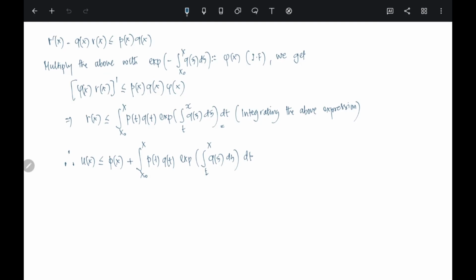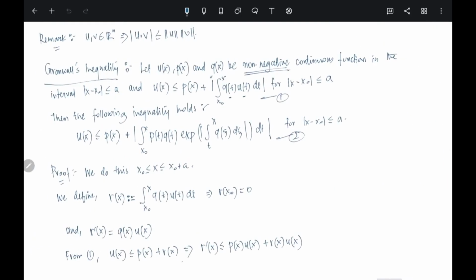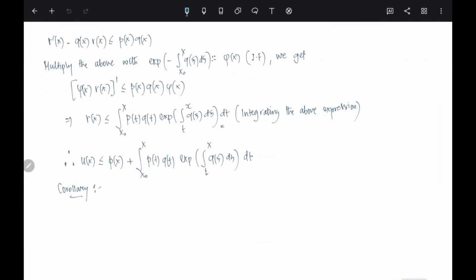Now once that is true, what we can also do is essentially put a little corollary here. If you put p to be 0, so if p of x is identically equal to 0, then what does it mean? It means u of x is always less than or equal to 0 plus the integral from x naught to x of 0, right?